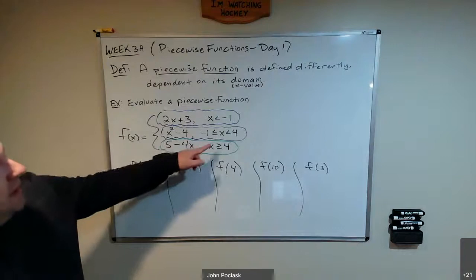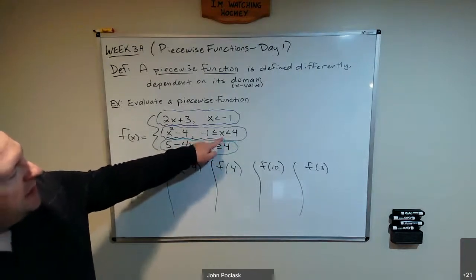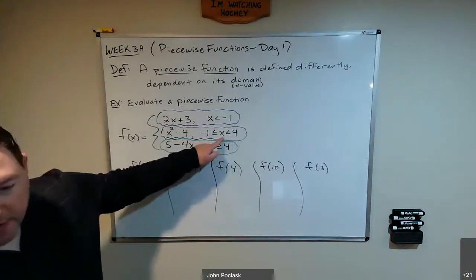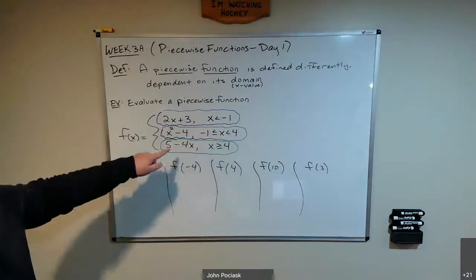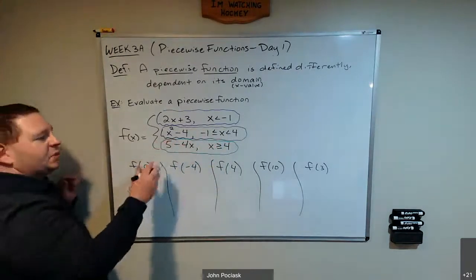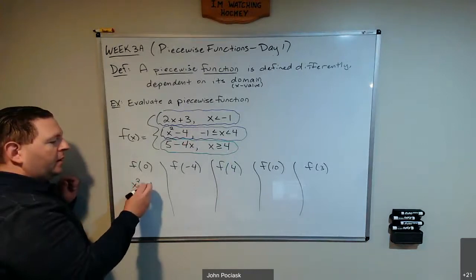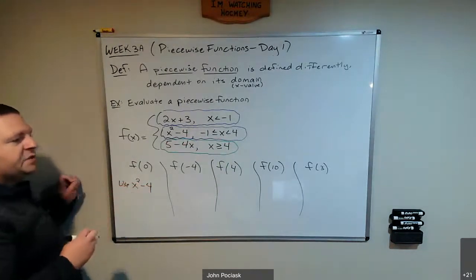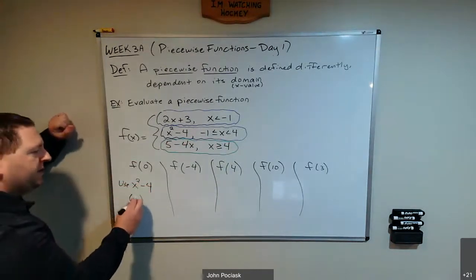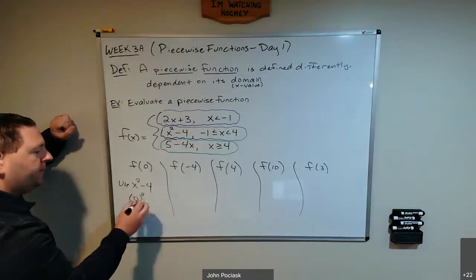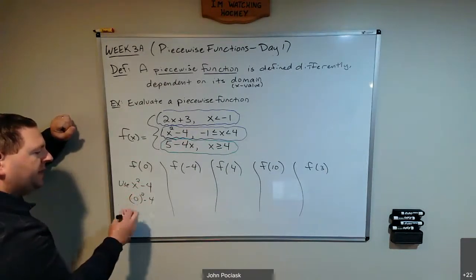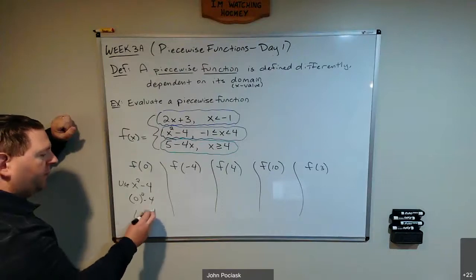So 0, it's actually the middle one, right? It's between -1 and 4. 0 fits in there. So you're substituting 0 into this x squared minus 4. We'll put here, use x squared minus 4. And you plug 0 into that and see what you get. And that comes out to be -4.